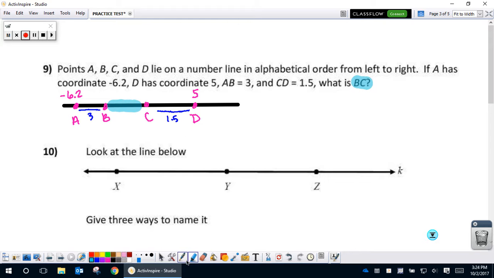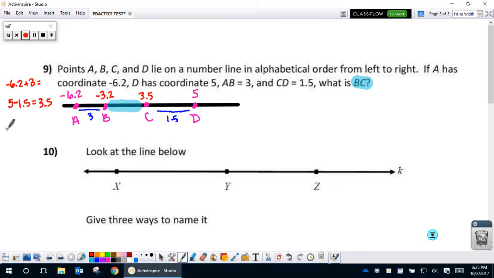Okay, so I'm going to go through 2 ways you could do this. You could find the location of B, knowing that it's to the right 3 units from -6 2/10. So that means B is at -3 2/10. And then D and C are 1.5 units away, and C is to the left of D. So C is at 3.5.